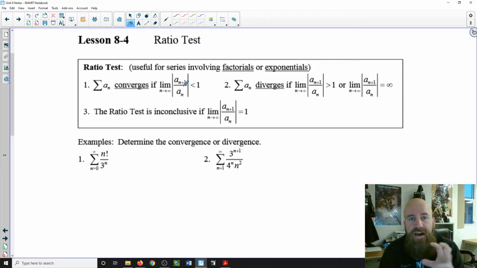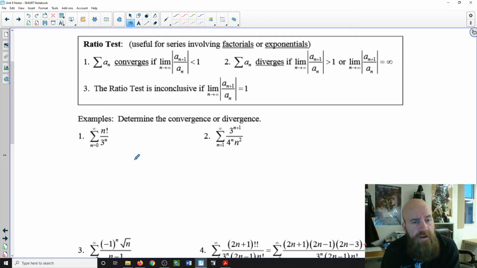If the absolute value of that limit is less than 1, then we are converging. If it happens to be greater than 1 or equal to infinity, then we can say it diverges. And if we get 1, if it's equal to 1, it's inconclusive. We have to move to a different test.